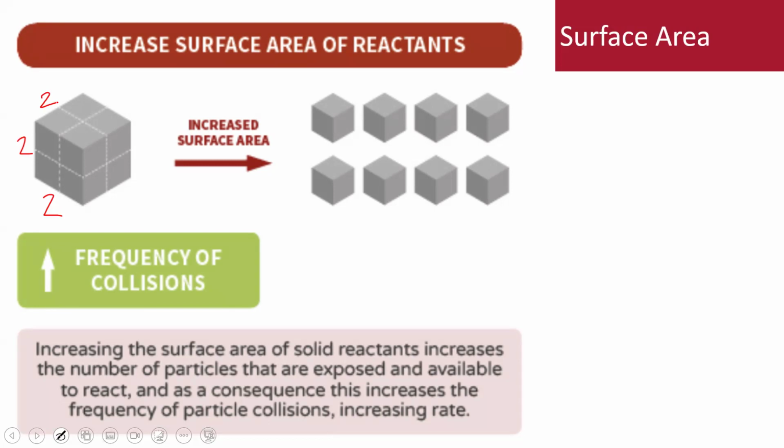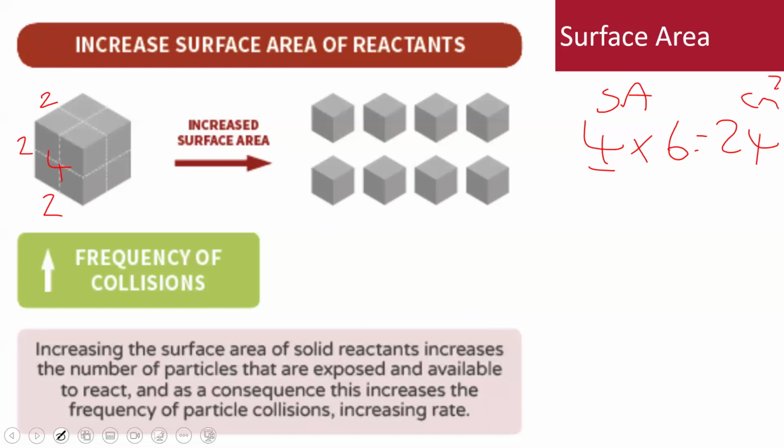So the surface area of one side is 4. There are 6 faces, so 4 times 6 is 24. The surface area of that cube is 24 centimeters squared.